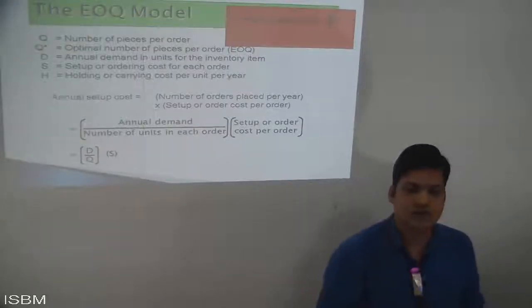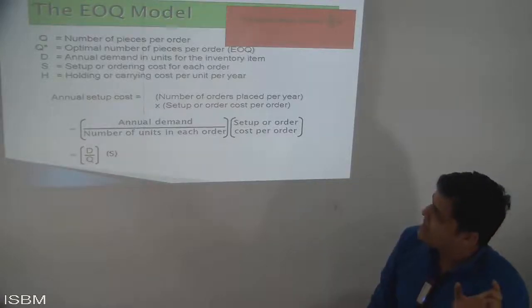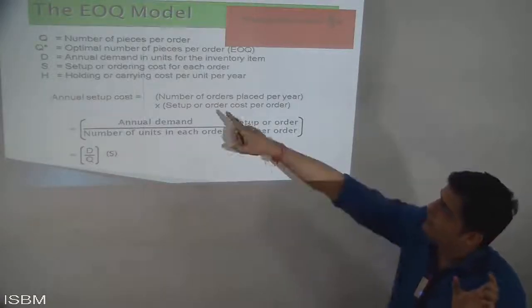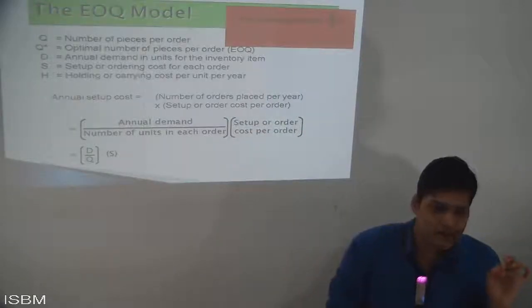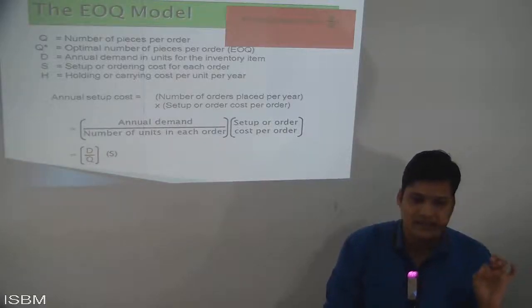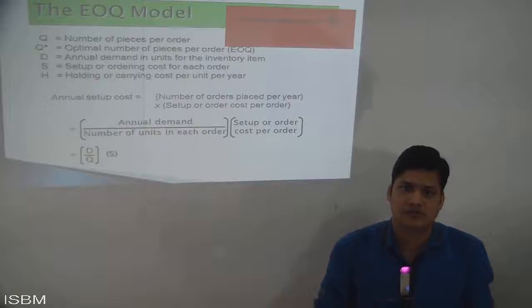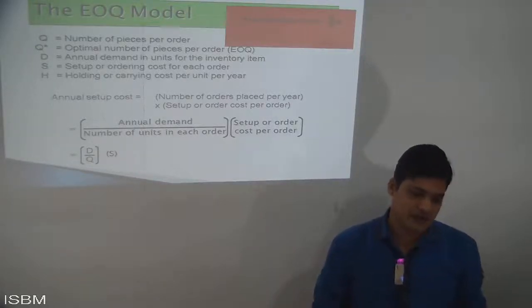This is the EOQ model. You have to understand this. Q is the number of pieces per order. The optimal number of pieces per order is the EOQ, which is called Q star. D is annual demand, the annual demand of units in an inventory item. S is setup cost, which is called ordering cost. If you don't remember the setup cost, just remember ordering cost. H is holding cost.